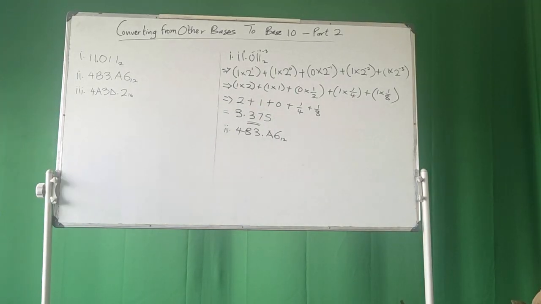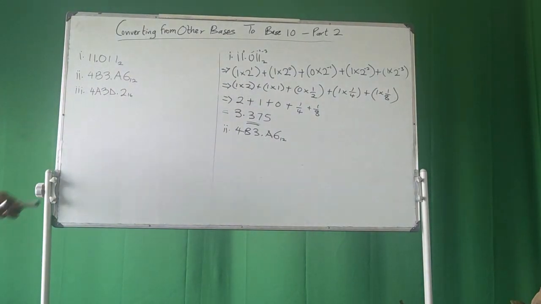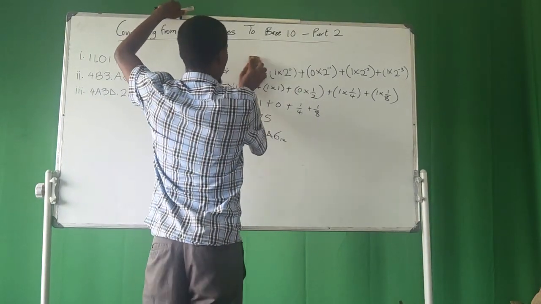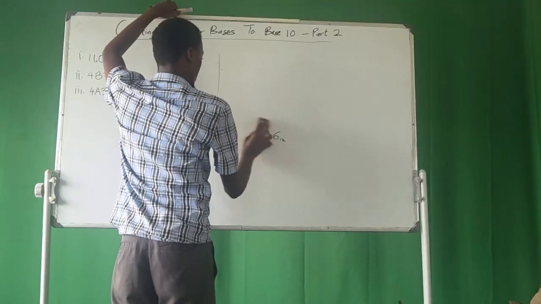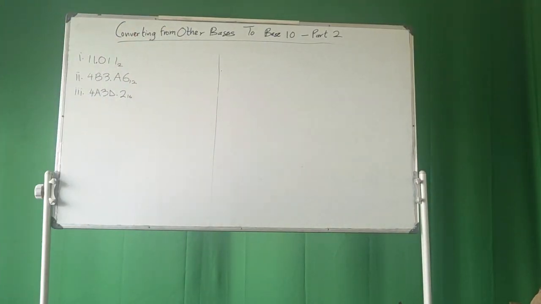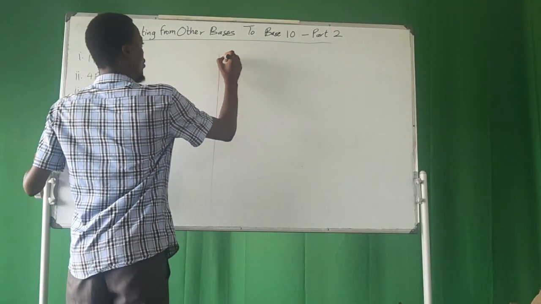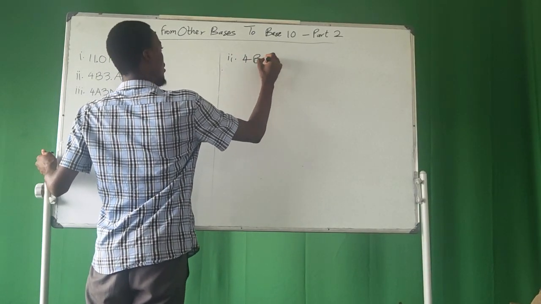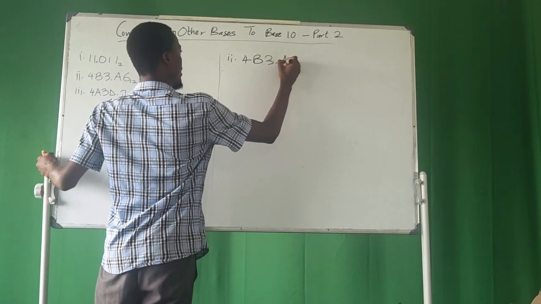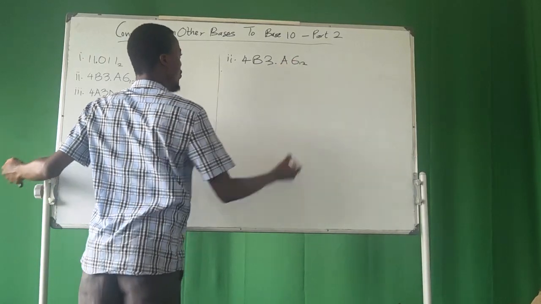So let me just clear this. Now we have 4B3.A6 base 12.